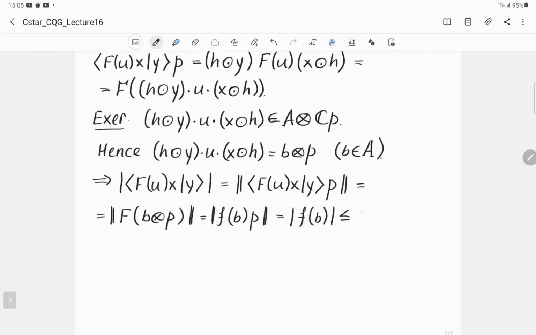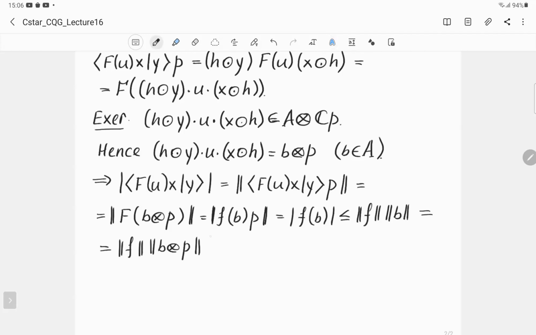which is less than or equal to the norm of f multiplied by the norm of B. Finally, we again replace B by B tensor P, because the norm of B tensor P is equal to the norm of B. And finally, we look at this equality, which implies that the norm of this element is less than or equal to the norm of U, just by the submultiplicativity of the operator norm.